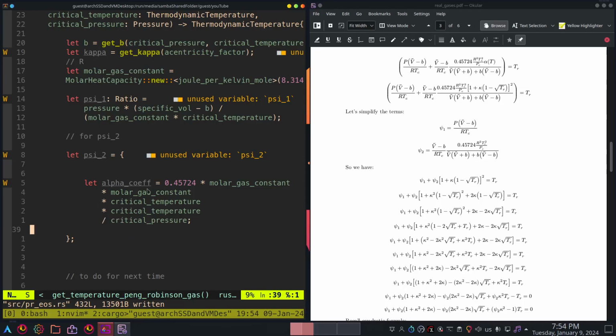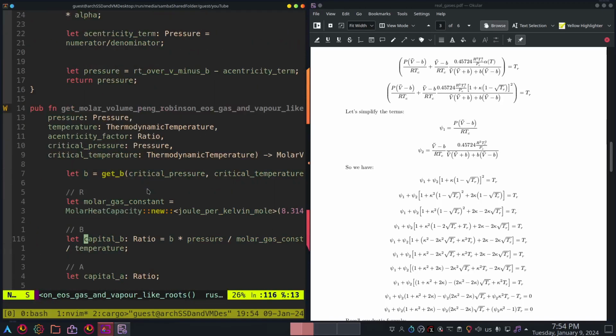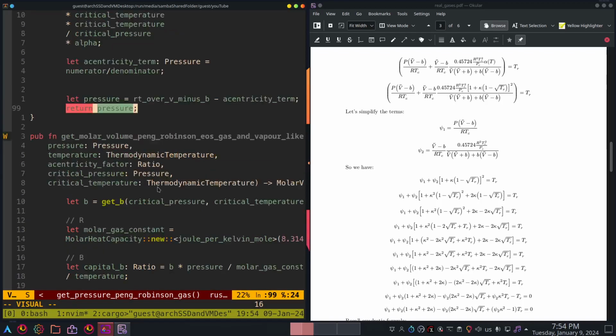So we do it like a function. At the end of the function you usually do a return something, or you can also write pressure right here, and this will actually return the value. So I'm going to use this sort of naming convention.